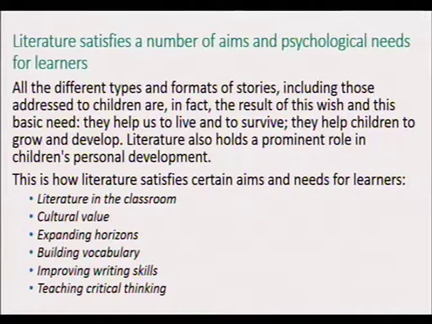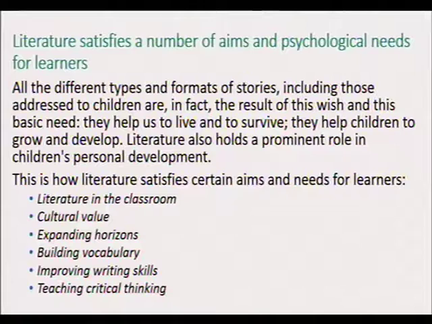So what else does literature do within a classroom setting? How does it help children actually in school? Now, literature helps them to develop critical thinking skills, and it helps them to understand the world around them. So for instance, when it comes to cultural values, they can read up about different cultural values through history, myths, folk tales, stories like that.